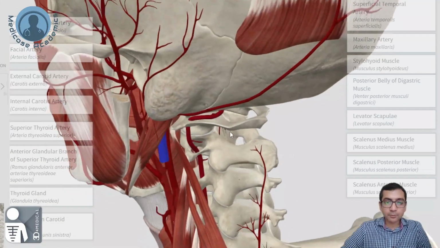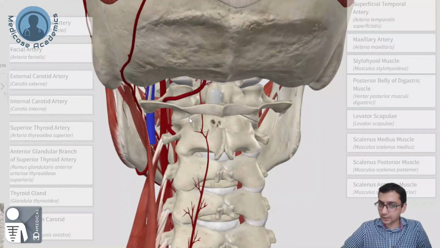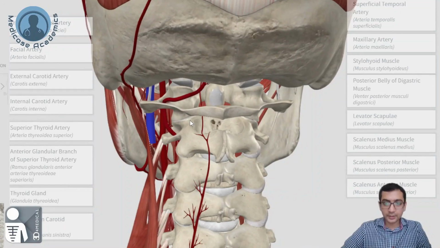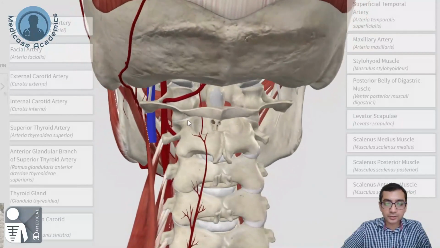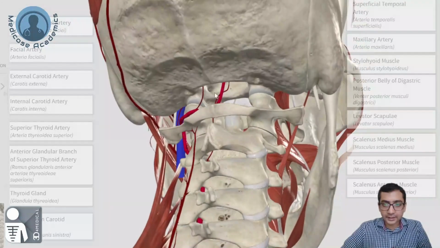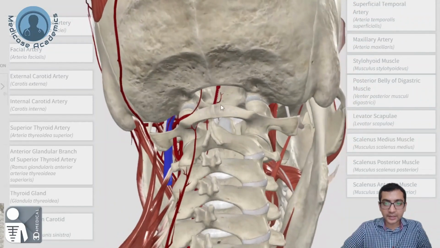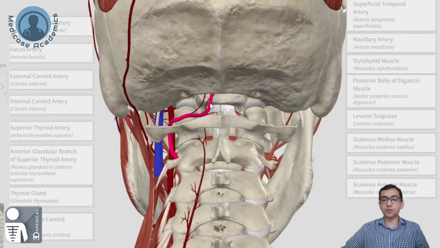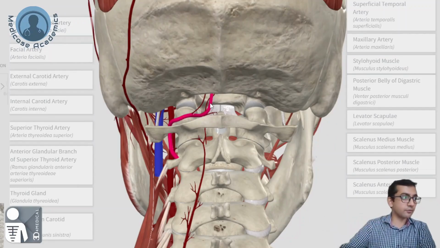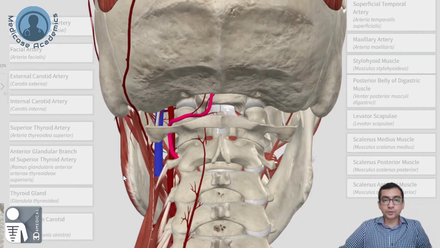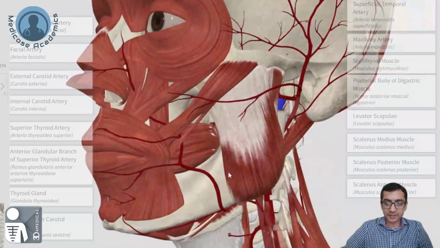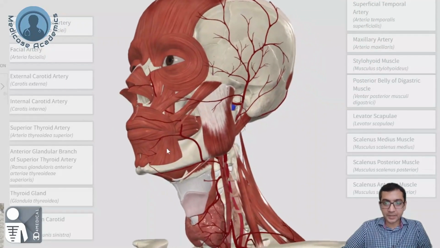Then it moves behind the atlanto-occipital joint, along the posterior arch of the atlas, and enters the foramen magnum. Here it joins the vertebral artery of the opposite side and forms the basilar artery. It has meningeal branches, spinal branches, and so on.